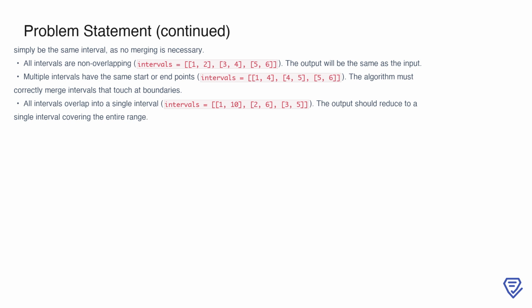These should be merged correctly to eliminate any boundary overlaps. Finally, if all the intervals overlap into one large interval, for instance, [1,10], [2,6], [3,5], the output should reduce to a single interval that spans the entire range. Addressing these cases ensures the solution is comprehensive and robust.